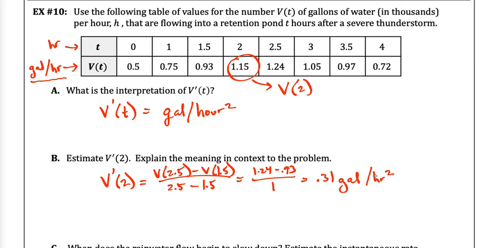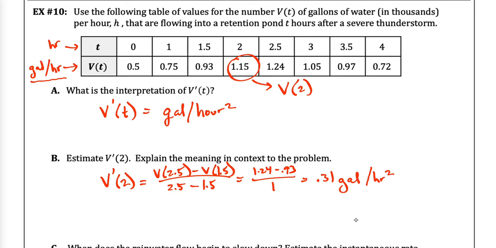Okay, next person. Luke, what does gallons per hour squared mean? Like 0.31 gallons per hour squared. If you had to try to explain that to somebody as best you can.